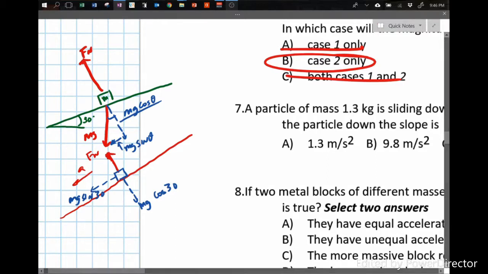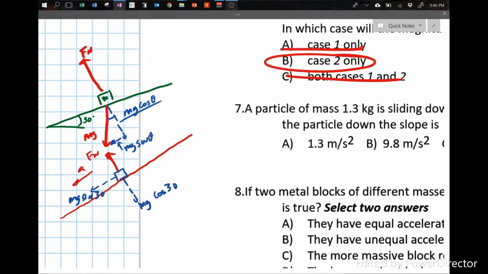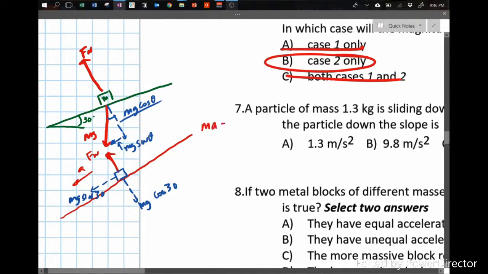So now that we've done our free body diagram and resolved the necessary vectors, we're going to say that ma is equal to mg sine of 30 degrees. The m's cross out, so even though it's 1.3 kilograms, we're not going to use that part. And the acceleration is 10 times the sine of 30. Plugging that into your calculator, sine of 30 is 1/2. So the acceleration is going to be 5 meters per second squared.